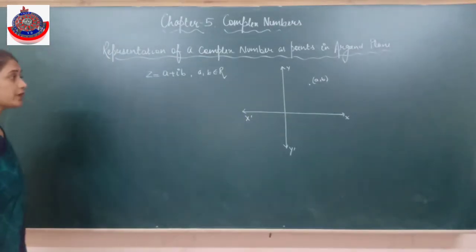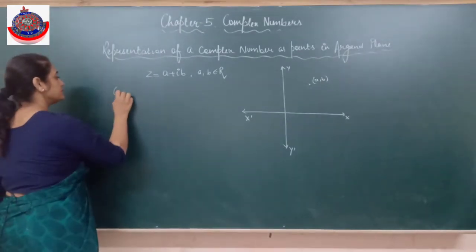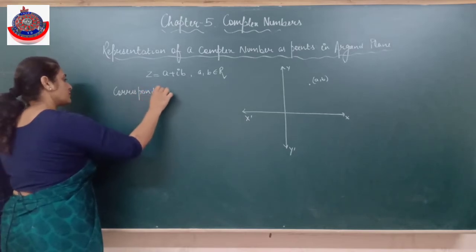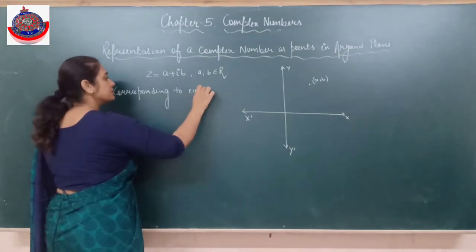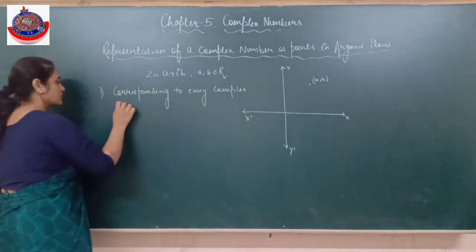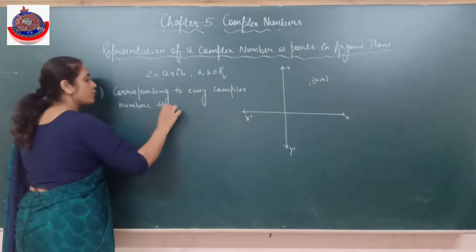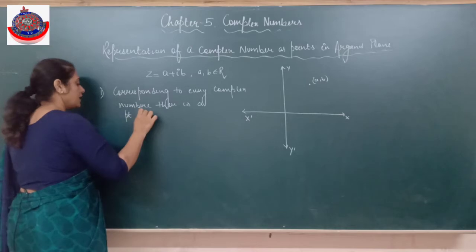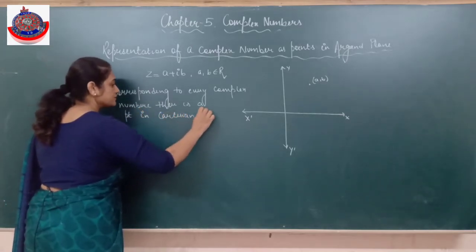Is it clear? So it means corresponding to every complex number, there is a point in Cartesian plane and vice versa.